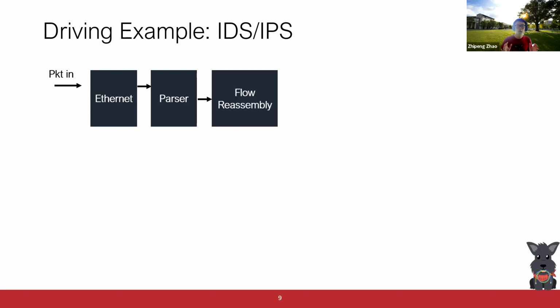Then the TCP packets need to be reconstructed in order to keep the byte stream flow. For instance, some of the TCP packets may arrive out of order, and here the flow reassembly logic will reorder them for the pattern matching check.